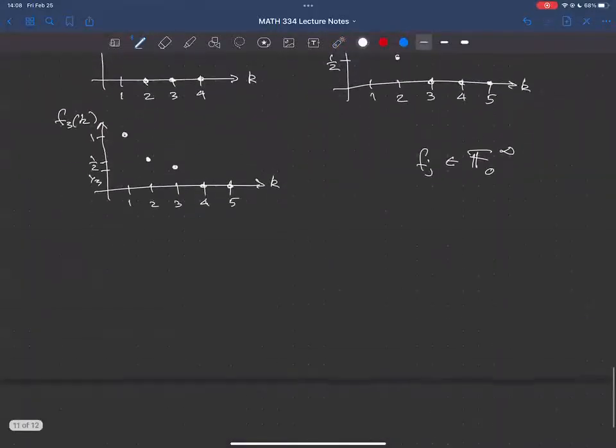All right, so now, claim. I'm going to first show that this is a Cauchy sequence.